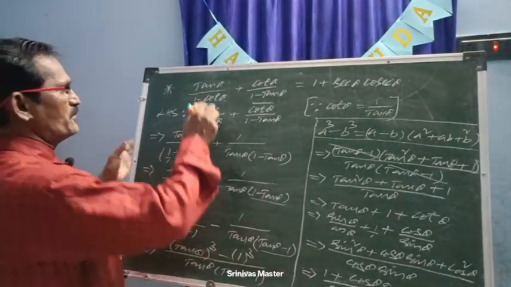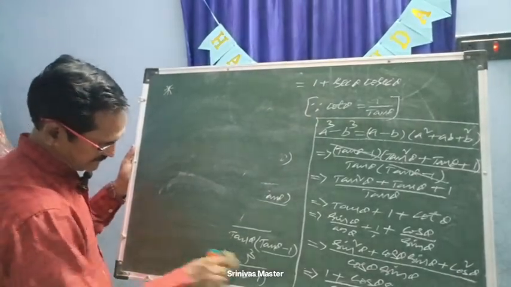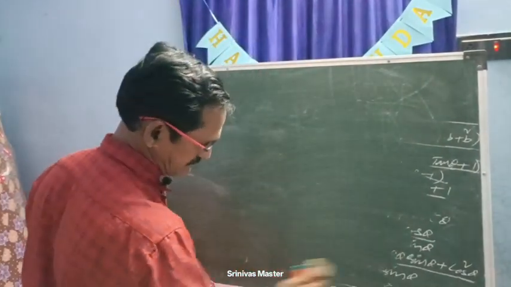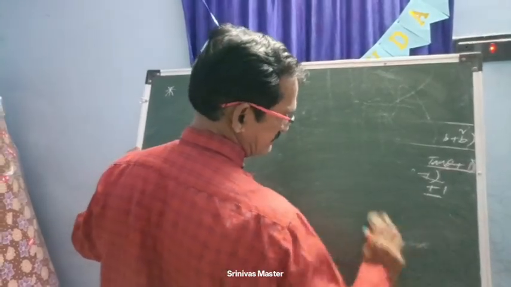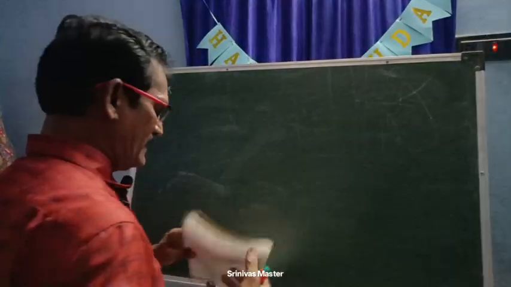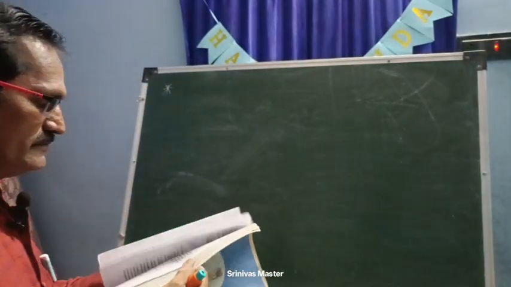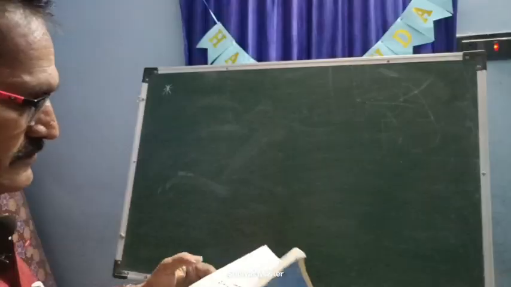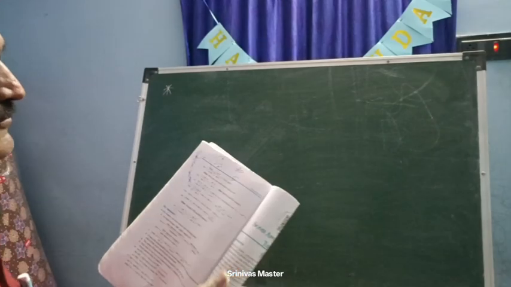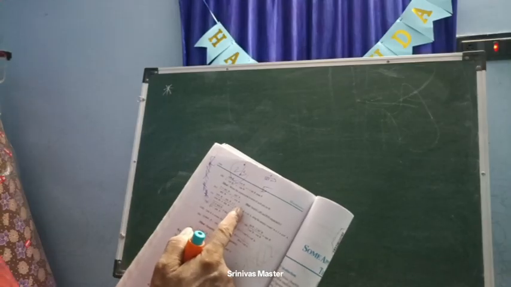Okay children, the next problem. What is the next problem given? 1 plus sec a by sec a equal to sin square a by 1 minus cos a.